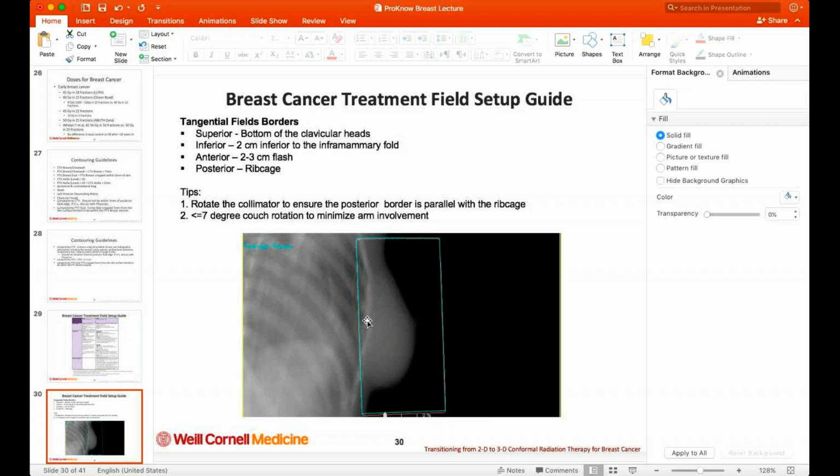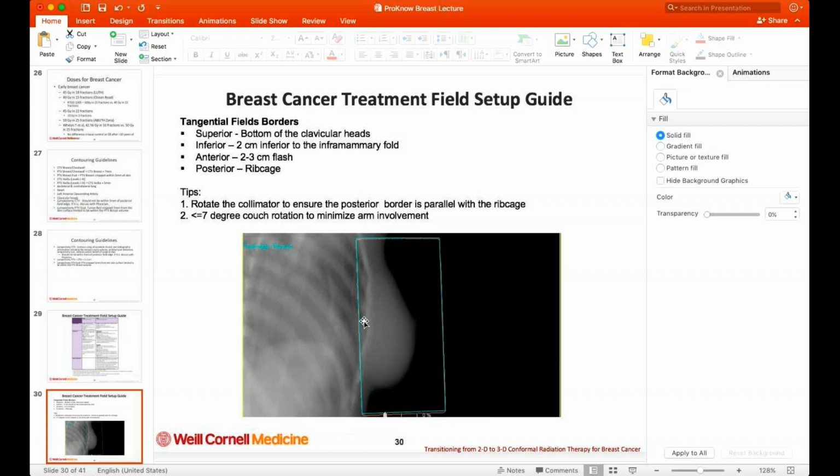One of the tips that I've found in planning or setting up the treatment fields is that you can rotate the collimator. So you can rotate this field clockwise or counterclockwise, so that the posterior border is kind of parallel to the rib cage, and that frequently helps with minimizing how much of the lung or the heart that you're catching.